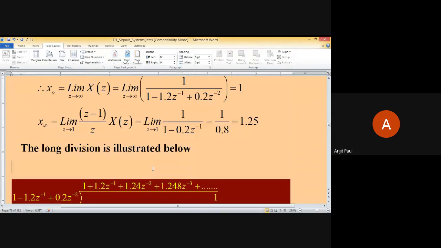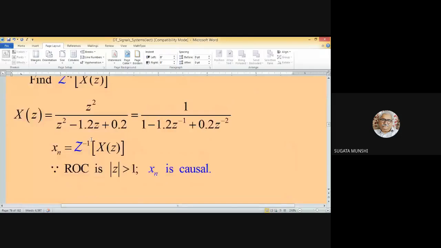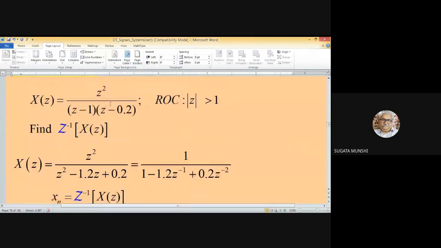Here, how is the limit z tends to 1 taken in this case: 0.2 z minus 2, but where is 1 minus 1.2 z in the inverse? Z tending to 1. Yes. This was Z. Okay. All right.